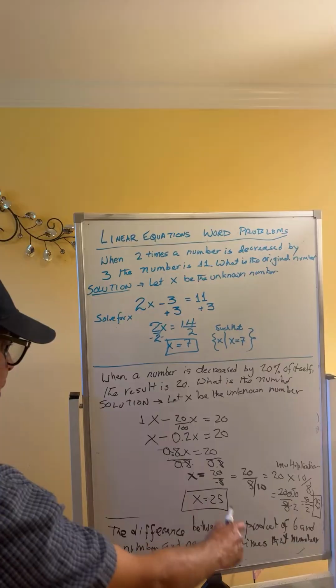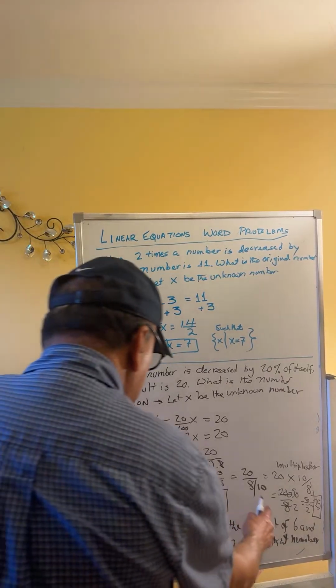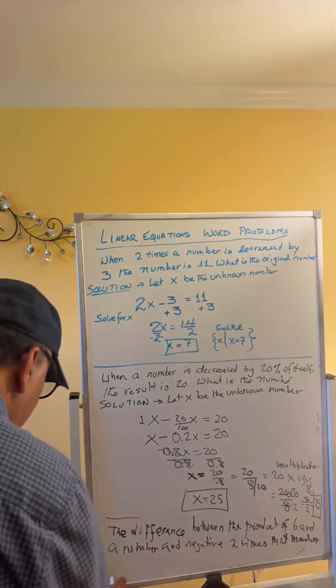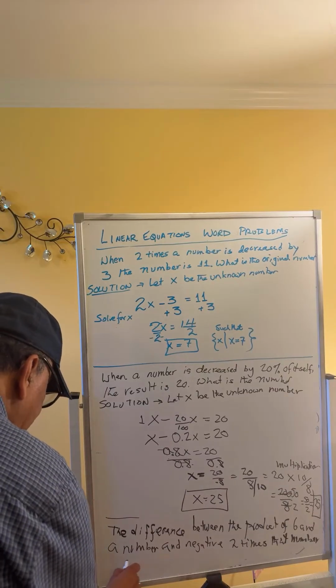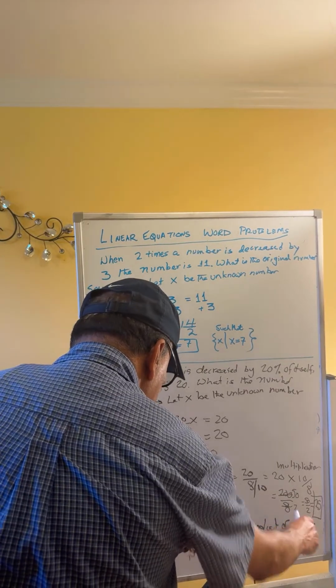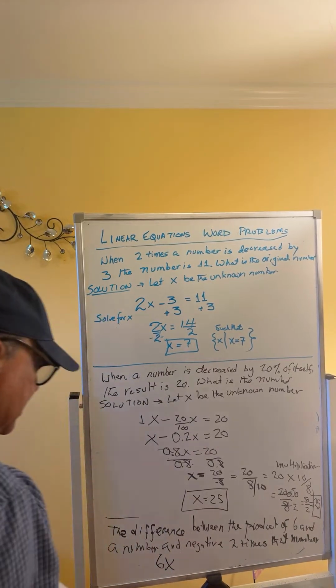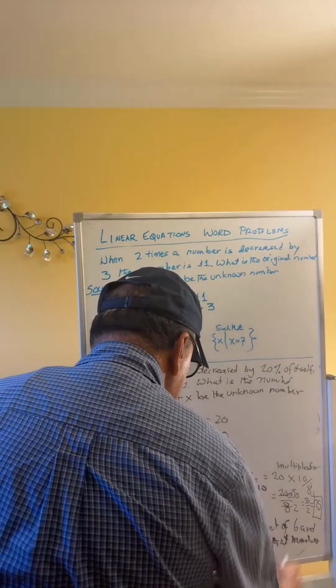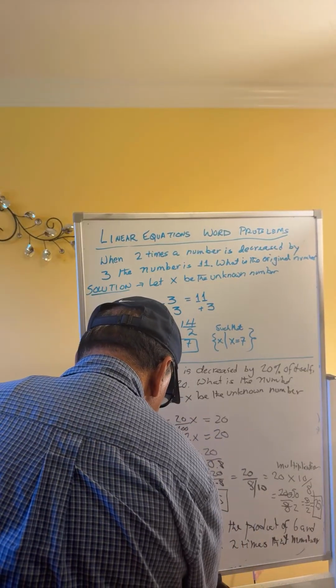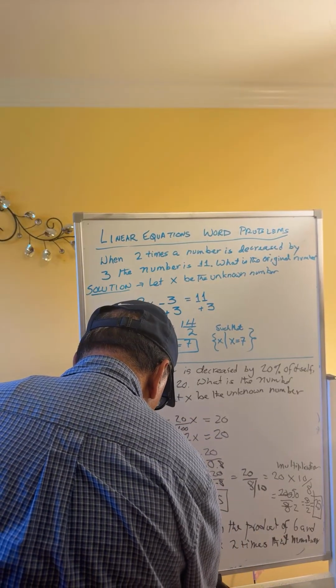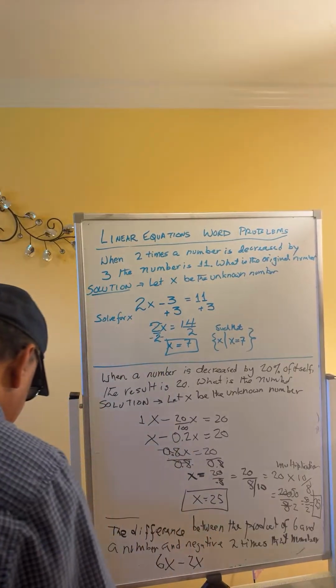Okay, so let's work with the first line. The difference between the product of 6 and a number. If x is the number, the product of 6 and a number is 6x. And negative 2 times the same number, so minus 2x.